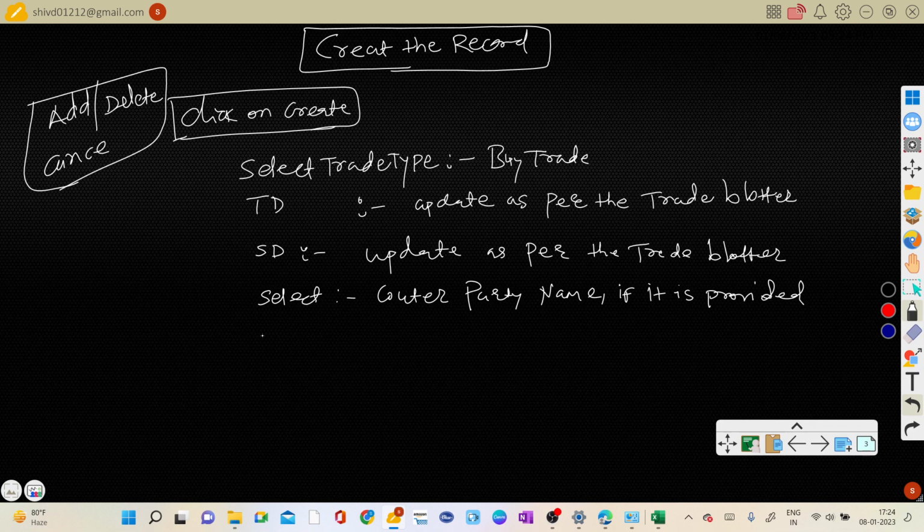Then trade quantity. Sometimes the trade quantity is not given. In the case of a loan, the word would be trade par.